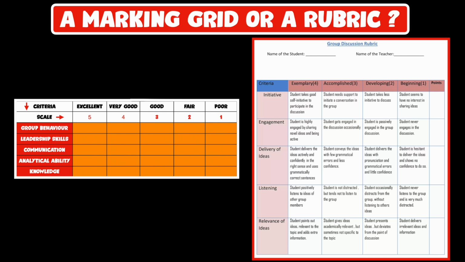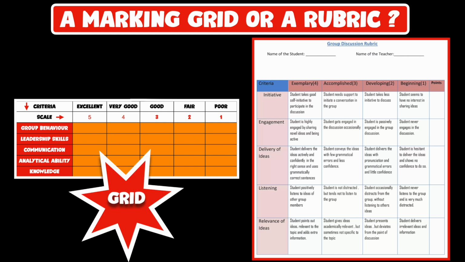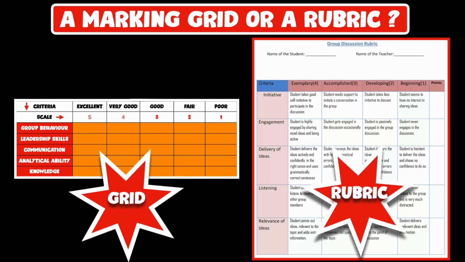Now here is a little quiz for you. You have to tell me which of these two images is a grid and which one is a rubric. I'm sure it is easy for you to identify that the first one is a grid because there are no descriptions within the little boxes, whereas the second image is a rubric because it has all the different ingredients that are required.